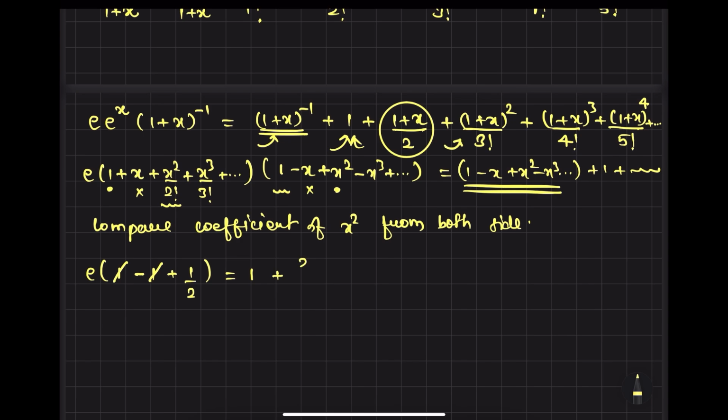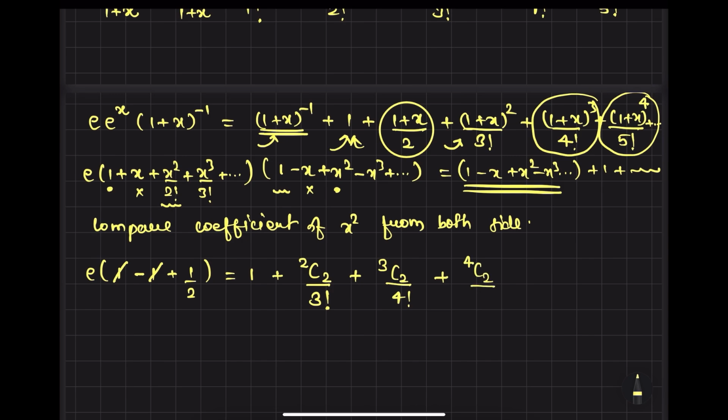So it is 2c2 by 3 factorial plus, can we have an x square component from here? 3c2 by 4 factorial. Can we have an x square component from here? 4c2 by 5 factorial dot dot dot.